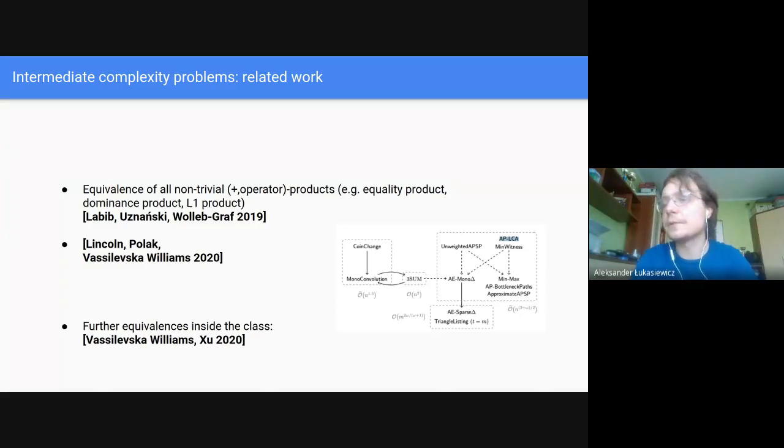Examples of recent work include one of the Przemysław papers from 2019. There is also a very recent work of Andrea Lincoln, Adam Polak, and Virginia Vassilevska Williams from ITCS 2020. And there is a very recent paper that studies these equivalences even more, from FOCS 2020, by Vassilevska Williams and Xu.